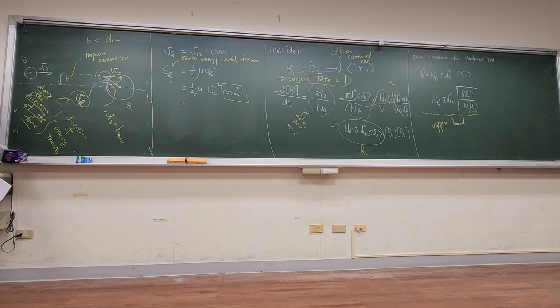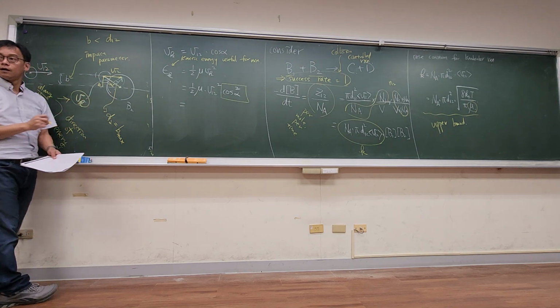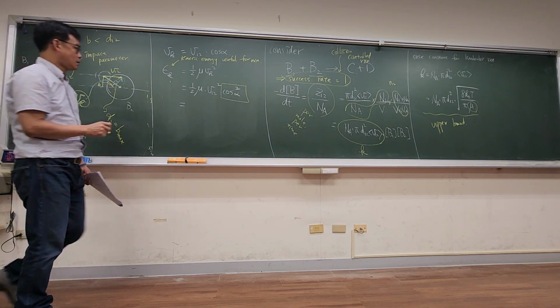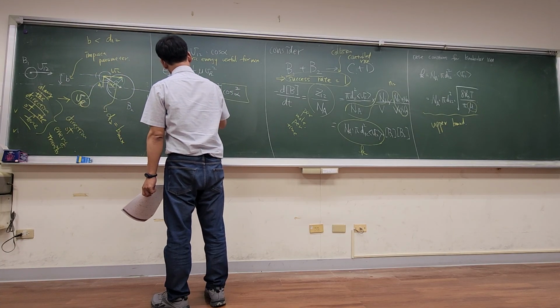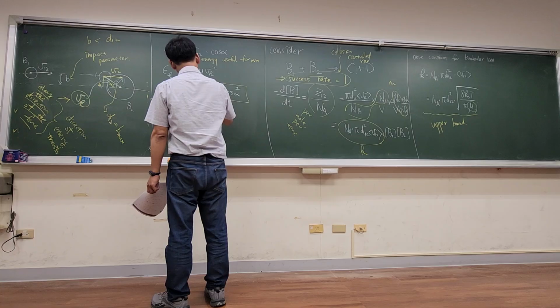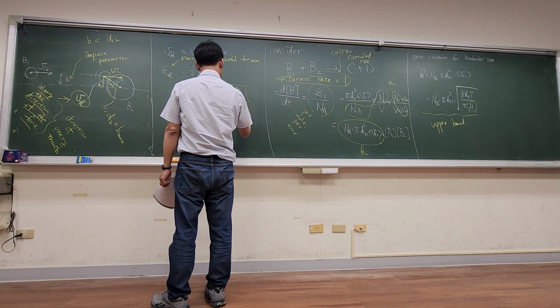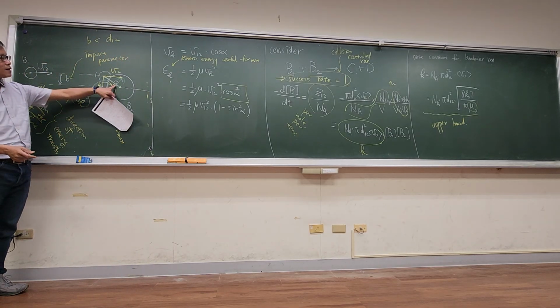Okay? And this is B, right? So cosine alpha is simply, let me do it slowly, 1 minus sine squared alpha, where alpha is this angle.